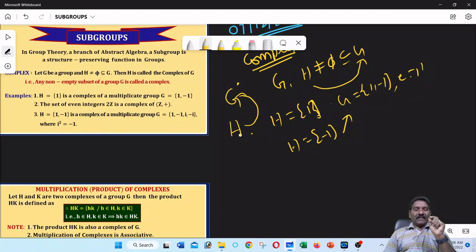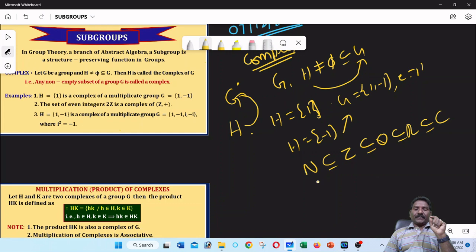So H is itself a group with respect to the same operations of a group G. So, examples for a subgroup. We know that N is a subset of Z, Z is a subset of Q, Q is a subset of R, and R is a subset of C. So natural numbers, integers, rational numbers, real numbers, and complex numbers.